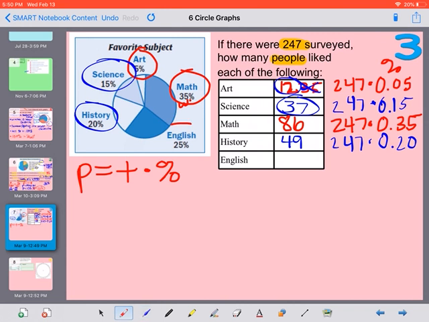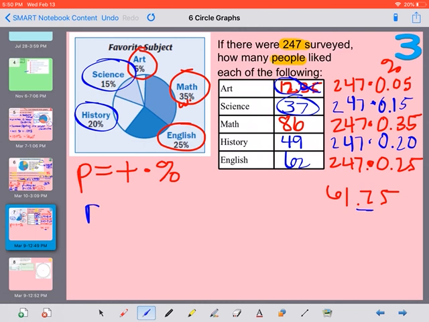And then English was 25%, so 247 times 0.25. This one is 61.75. Because our decimal here is greater than 5, we round up to 62 whole people. So those are the answers that we're looking for.